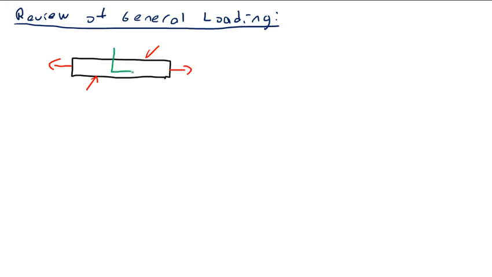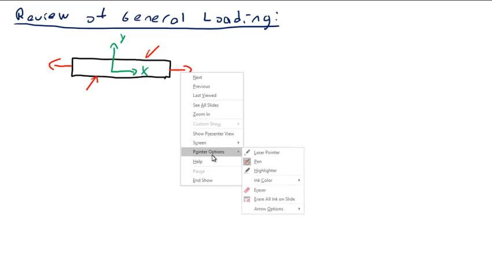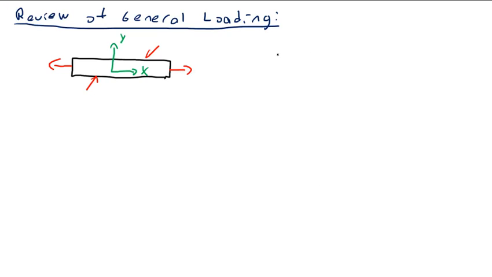We have an x and a y axis here. We also already know how to find the state of stress at any angle of rotation theta. In other words, we can cut this member at any angle theta and find the state of stress therein.